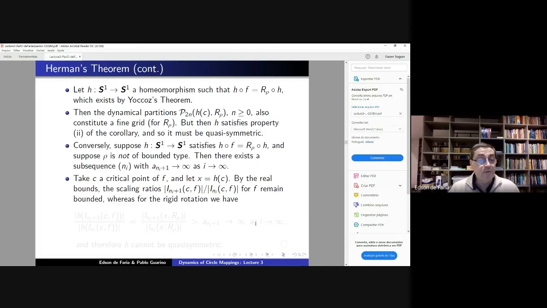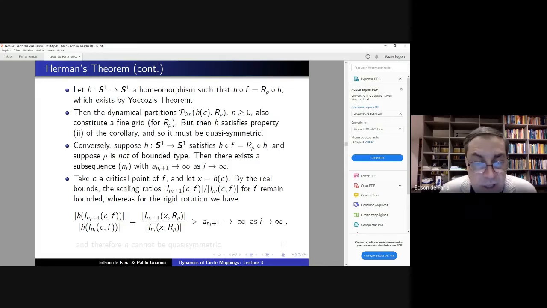In particular, for this subsequence, the intervals I_{n+1} and I_n are both comparable. They have comparable lengths, okay? But for the rigid rotation, this ratio does not become bounded because, for the rigid rotation, you can actually show that the ratio of these lengths is slightly larger than a_{n+1} when you're at level n.